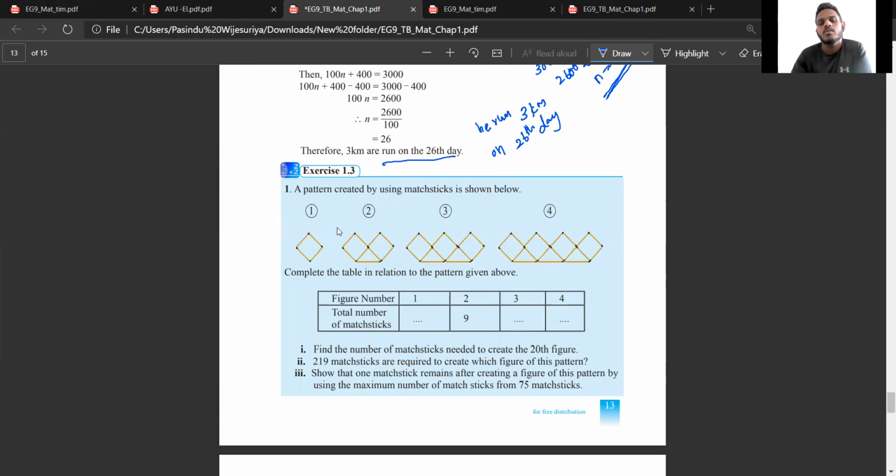One simple way is counting 1, 2, 3, 4. That is the number of matchsticks, 4. Then 1, 2, 3, 4, 5, 6, 7, 8, 9. That is 9. Next one also 1, 2, 3, 4.